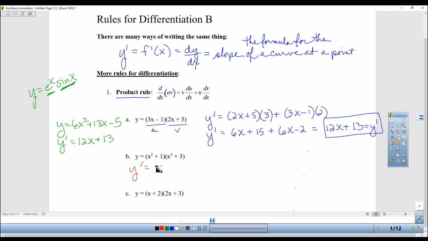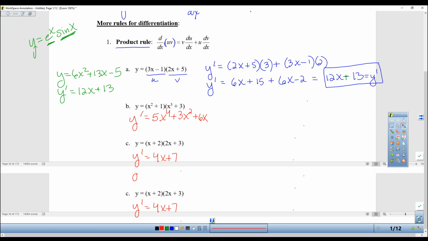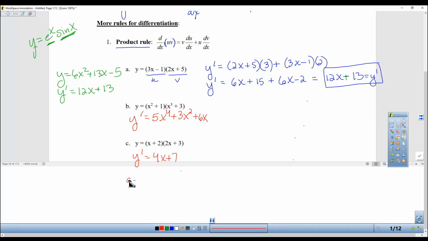Y prime is equal to 5x to the 4th plus 3x squared plus 6x. Letter C is y prime is equal to 4x plus 7. And letter D is y prime is equal to 2x plus 2. But now I'm actually going to do them for you.